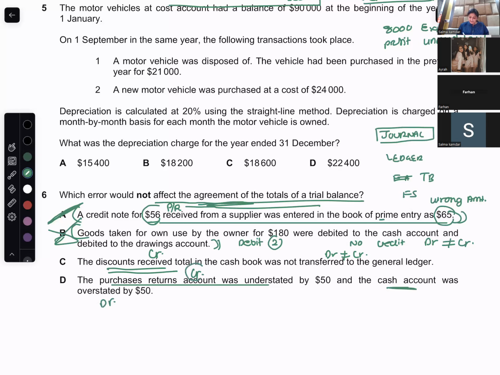So purchase return was understated. Which side do we do the correction? Understated will be the same side. So this will be corrected on the debit side. And cash account was overstated by 50, so this will be corrected on the credit side.